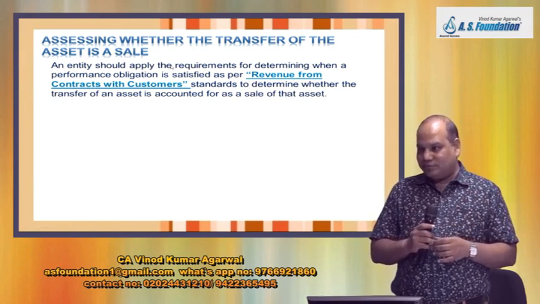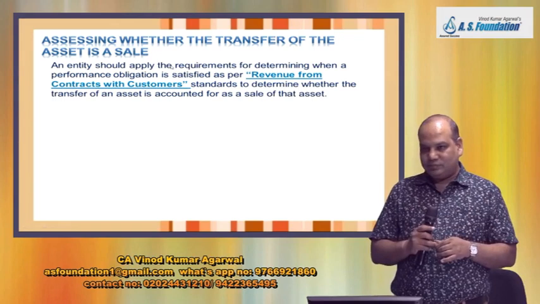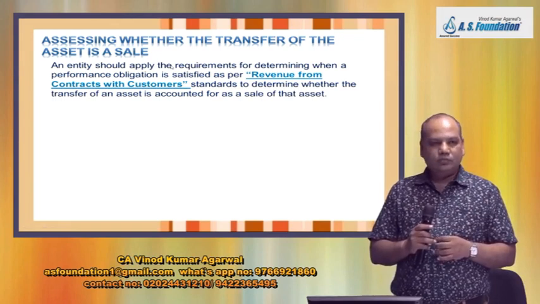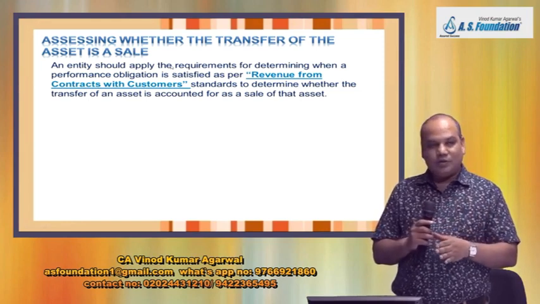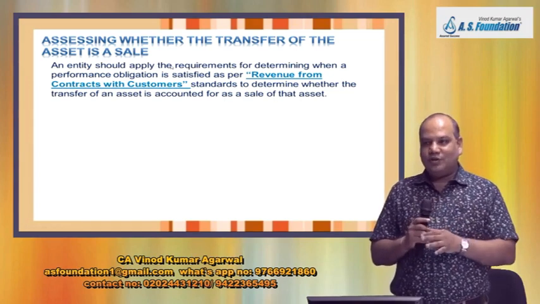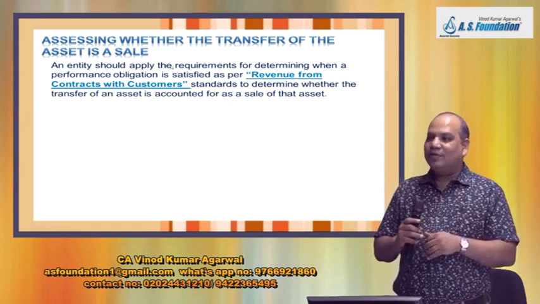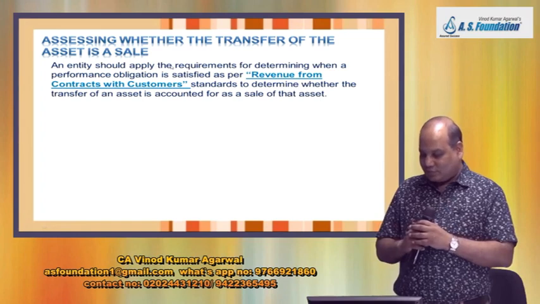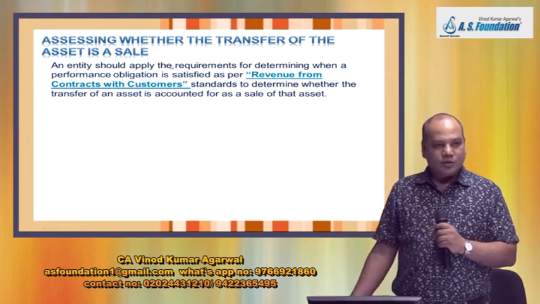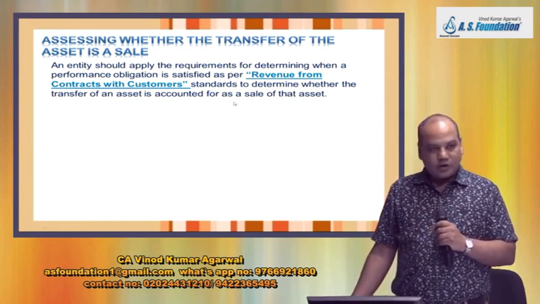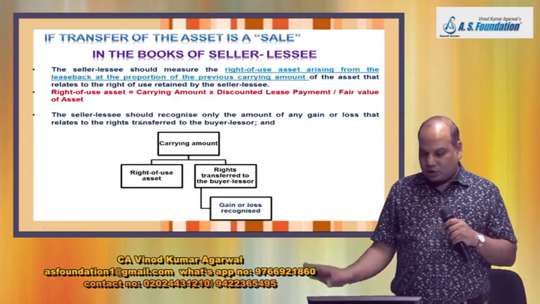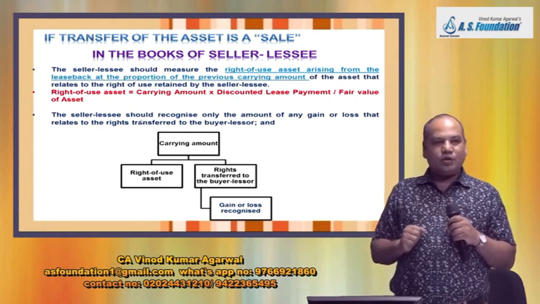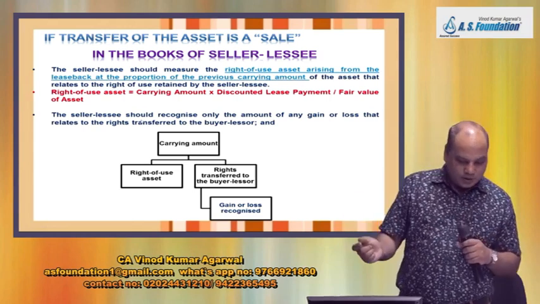Example: identify performance obligation, identify transaction price, allocation of transaction price, transfer of control. All these conditions need to be satisfied for recognition of revenue. If it is satisfied, then you will follow this accounting which is right now appearing on the screen. Keep a pen, pencil ready.